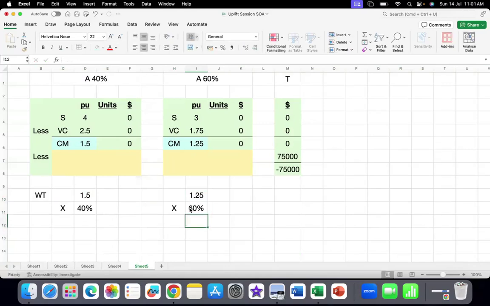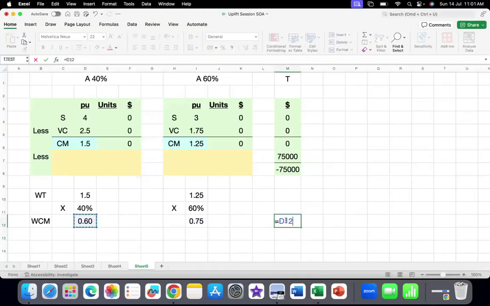So 1.5 into 40% gives you 0.6, and this gives 0.75. So this is their weighted contribution margin. And the total of it is 1.35. That is something you need when there are multiple products.